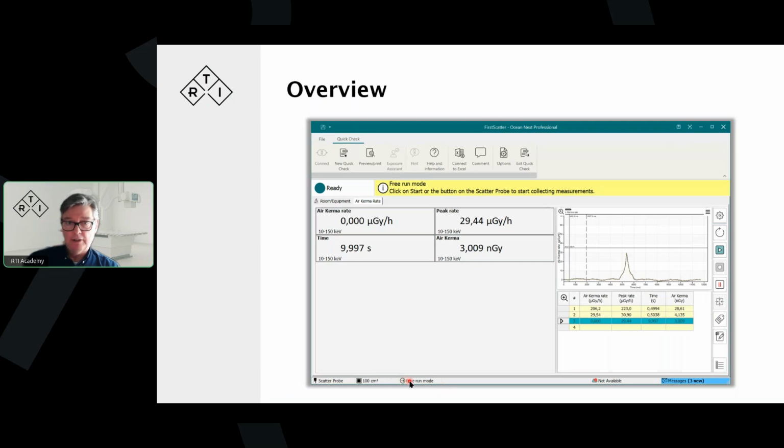If you click here in the software, you will then switch between free run and normal mode, which is the automatic trigger. Here we go. So this is then set for free run mode, and that can be seen by the information we have here in the yellow box up there. So it's in free run mode, and it gives us instructions. Click on the start or the button on the scatter probe to start the measurement. And here is the start button.